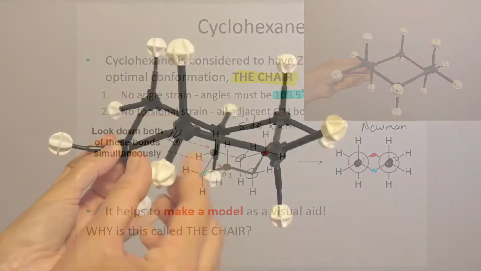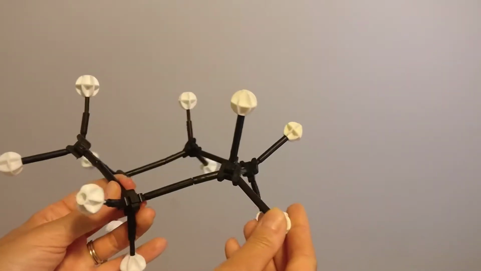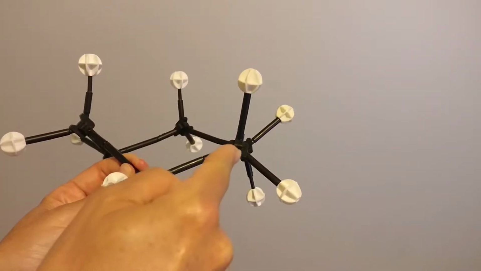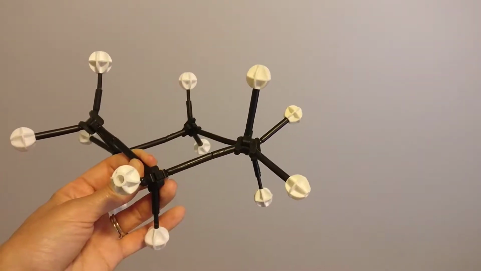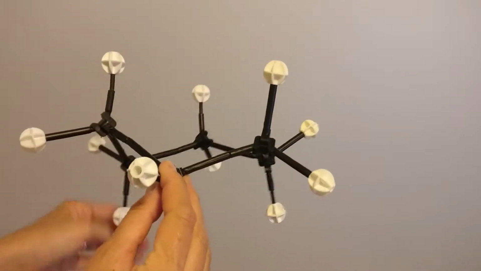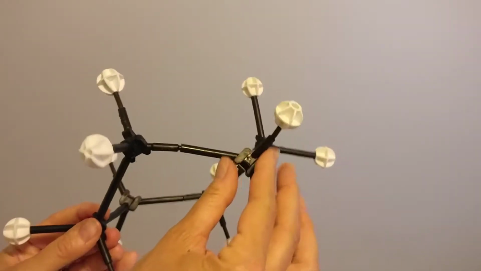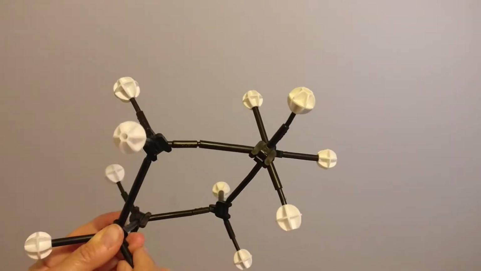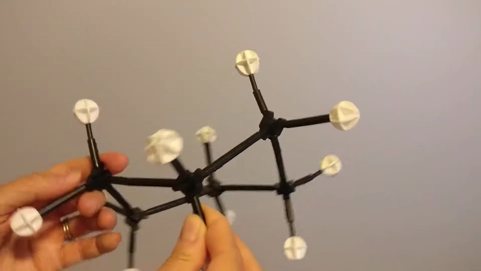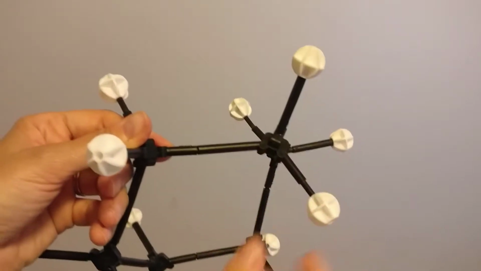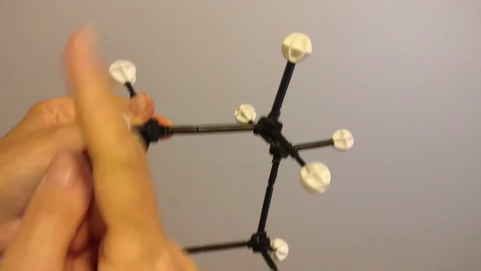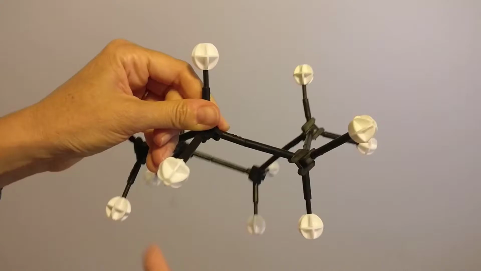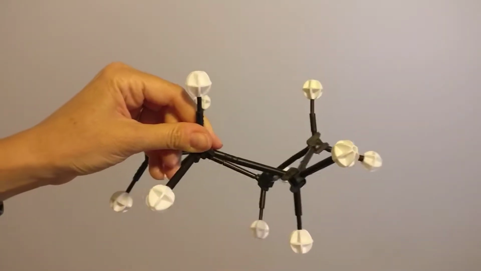Now, in drawing the Newman projection, what it's showing you, and I can show it to you in a model as well, is that every carbon you look down, I could have turned this in any trajectory, this Newman projection is always going to show each carbon on either side as fully staggered. Every carbon-carbon bond association with all of its hydrogens or whatever substituents are off of the cyclohexane will be staggered.